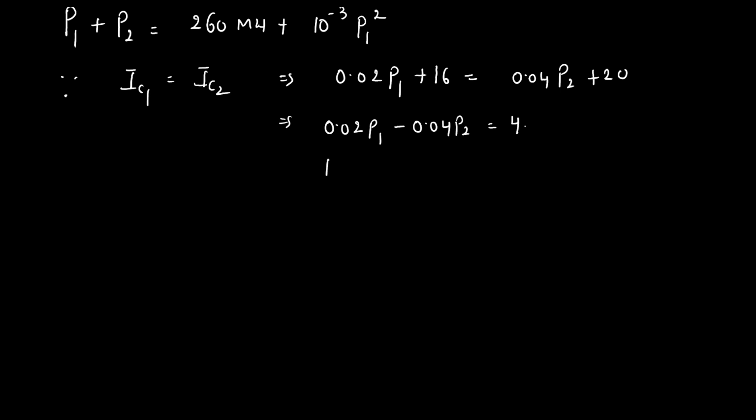From this I can write P2 is equal to (0.02 P1 minus 4) divided by 0.04. Okay, let us call the above equation 1.